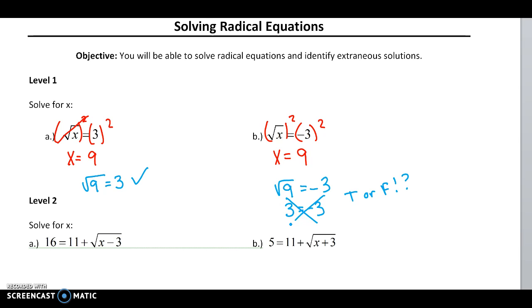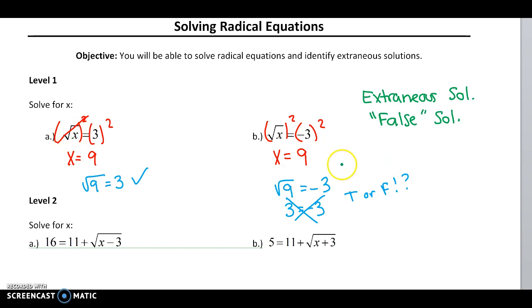So sometimes when you're solving a radical equation, you're going to get something called an extraneous solution. Okay, what extraneous means is essentially a false solution. Now the reason you're going to get a false solution is because what you've done is you've squared the variable. So what you've really done is you've introduced a second solution.